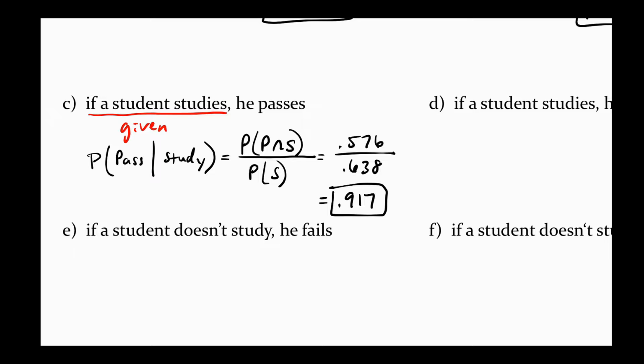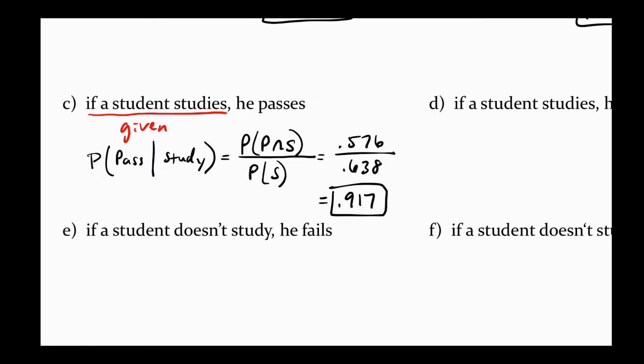Given the student studied, we already know they studied. It already happened. So we know that they studied. What's the probability they're also going to pass? Well, logic says pretty high, right? That's why that percent's pretty high.